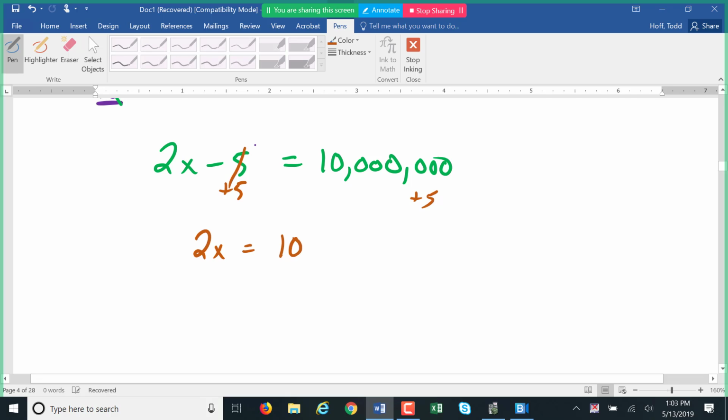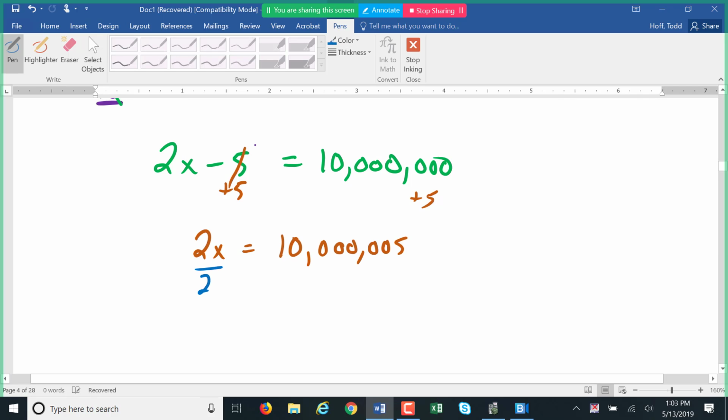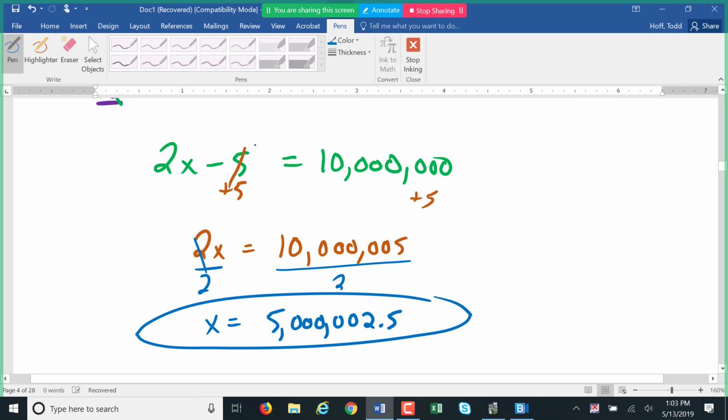So 2x equals 10 million and 5. Now we divide by 2. X equals 5 million and 2.5.